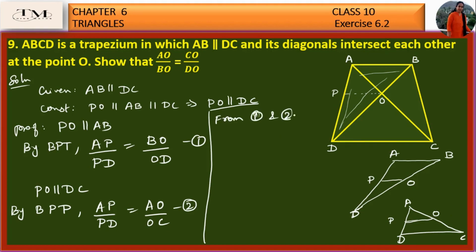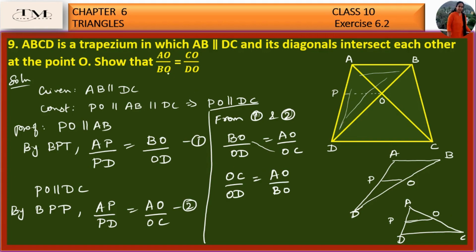So from 1 and 2, BO by OD is equal to AO by OC. So here AO and CO are in the numerator. So we can just cross multiply, that is interchange. So this OC can be written here and BO can come down. So it will become OC by OD is equal to AO by BO.